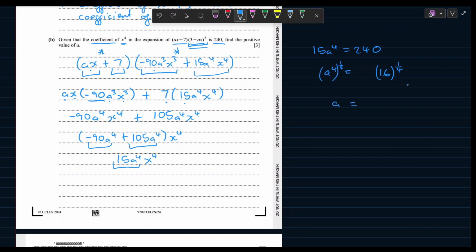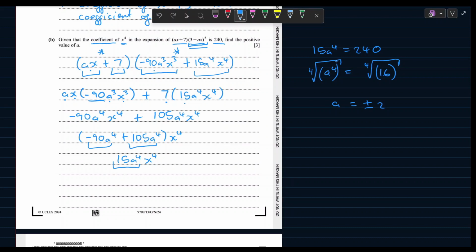So a is going to be 16 to the power 1 over 4, which would be, technically, because we're taking the fourth root, the solutions you're supposed to have are plus or minus 2. Maybe let me write it in that way because it might not be so clear. Right here, this is the fourth root of 16. And on this side, we are also taking the fourth root of a to the 4.